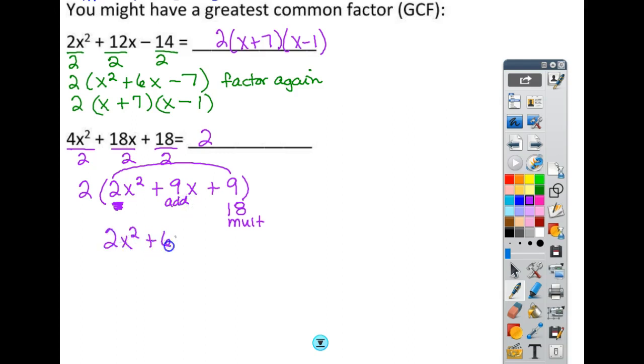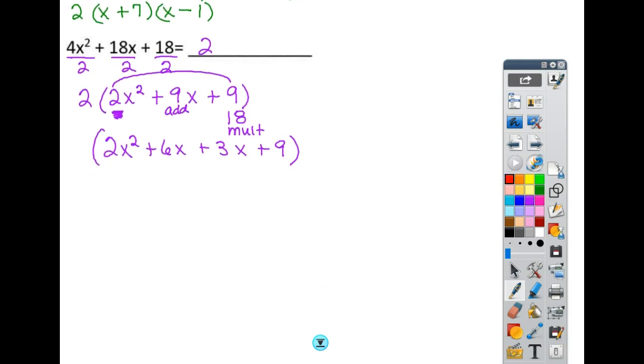So we put the 6 and the 3 in the middle, and we put the 2x squared and the 9 over here off to the side. You can stop there and check it. Is 6 times 3 18? Yes. Is 6 plus 3 9? Yes. Now we're ready to do the grouping on it.